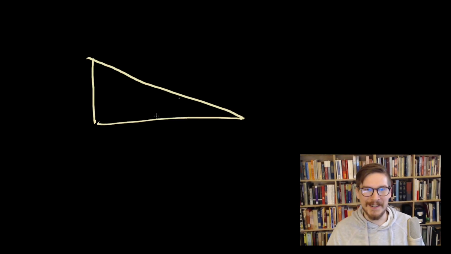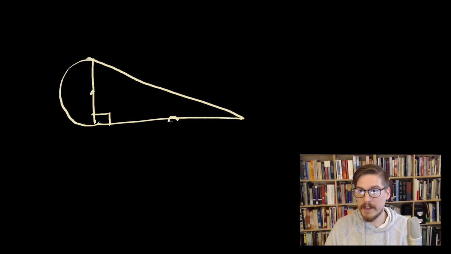If you have a right triangle, okay, there's my right angle, you can draw any figure on the sides of a right triangle, and as long as all the figures are similar, this still holds true. So if you wanted, just using a compass, you could draw a semicircle on every side of your right triangle. Pretend that that's a semicircle.